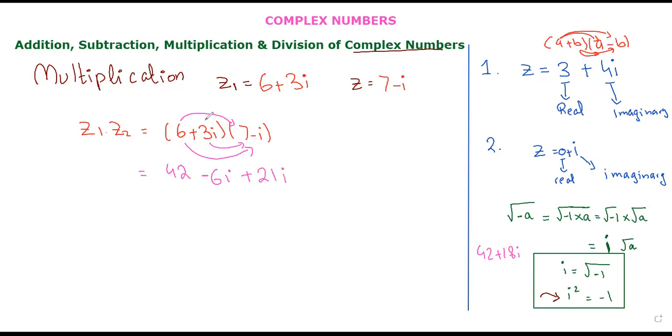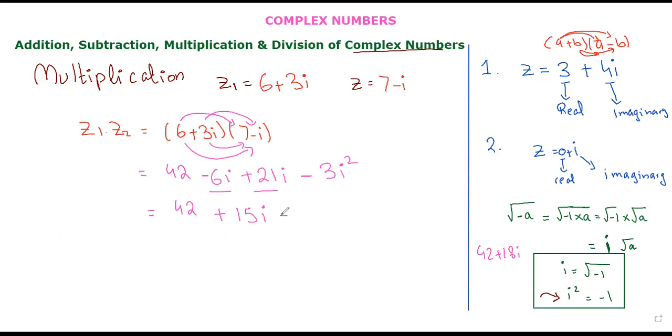And then 3 iota with minus iota would be minus 3 iota square, right? Yes. Okay. So 42 plus minus 6i plus 21i is 15 iota. Okay. Is this okay?